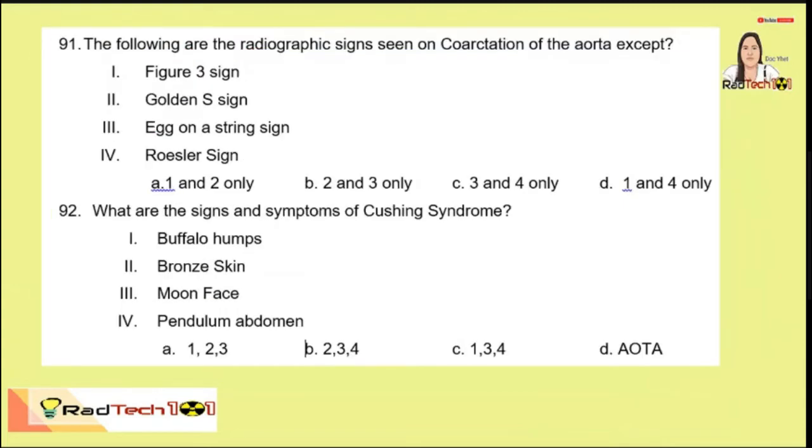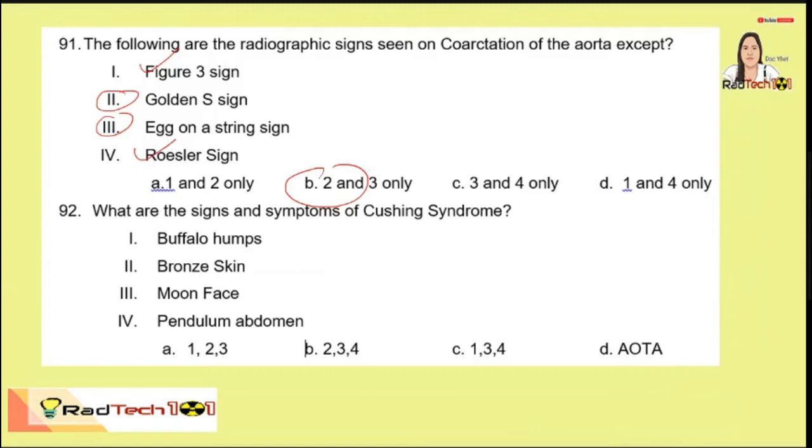Number 92: the following are the radiographic signs seen on coarctation of the aorta, except 2 and 3. So these are wrong. When there is coarctation of the aorta, it will present the figure 3 sign and the wrestler sign.